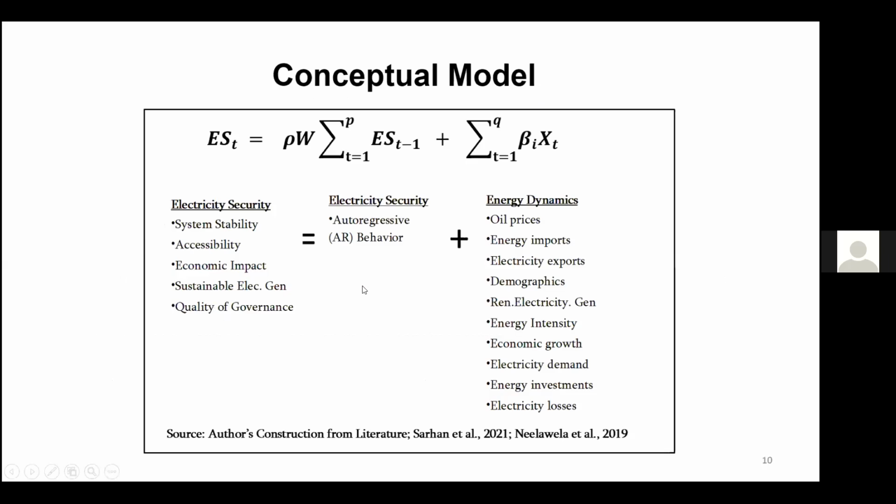So based on this theory, as well as the assessments from literature, I am conceptualizing this issue in a three-part process. On the left-hand side is my criterion variable, the dependent variable, which we are calling electricity security, that has been conceptualized from literature into so many dimensions, which are 5.